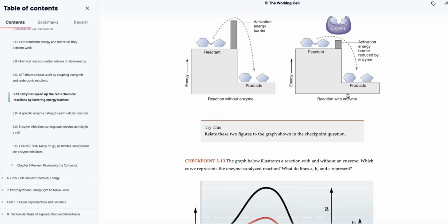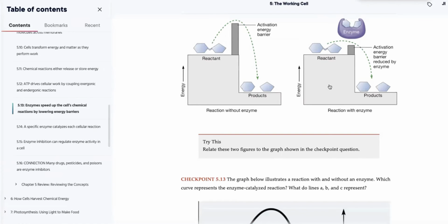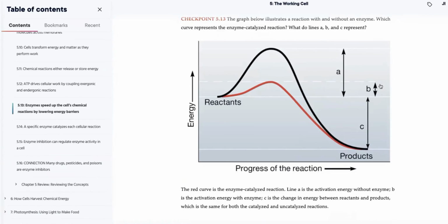Then the next thing that could happen is this enzyme is going to be releasing the products, and after the products are released, the enzyme is right back to where it started. This is the standard way of depicting the way that enzymes work. We're dealing with an original situation where there's a huge activation energy without enzyme.